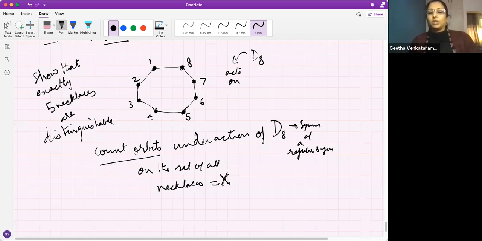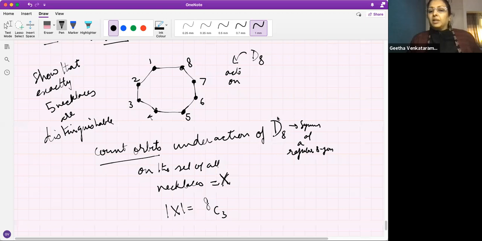The moment you choose those positions, automatically the rest have to be occupied by the white beads. The order does not matter because the black beads are not distinguishable. So it is going to be 8 choose 3. The order of X will be 8 positions, out of which I have to choose 3. That will be the total number of necklaces that you can make.